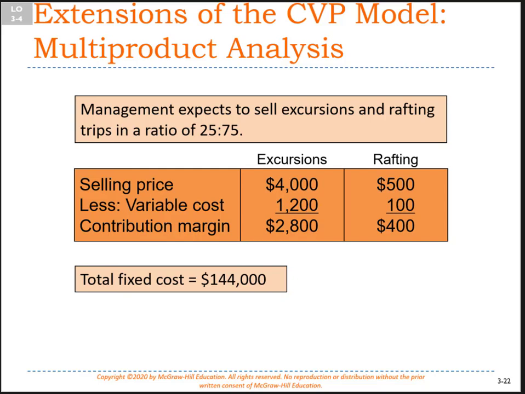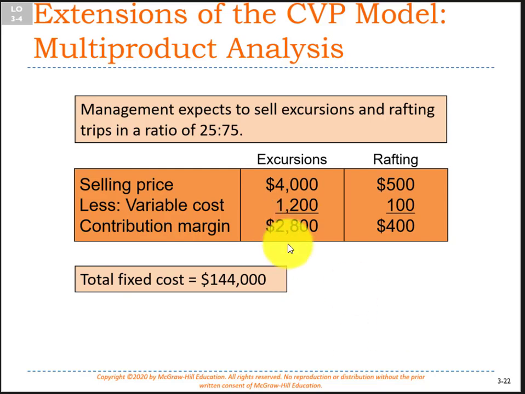The fixed costs are there because of excursions and because of rafting, not because of one or the other. It would not make sense to do this if you could separate your fixed costs to those for excursions and those for rafting. If you could, you would do a break even for excursions and a break even for rafting using their own fixed costs. But where they have the same fixed costs, there's no way to separate them, then we have to do a multi-product analysis to get a break even point.